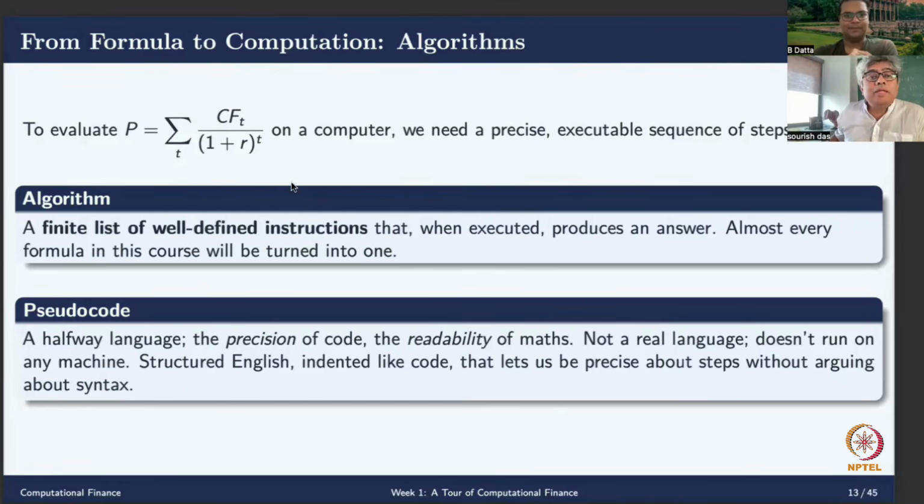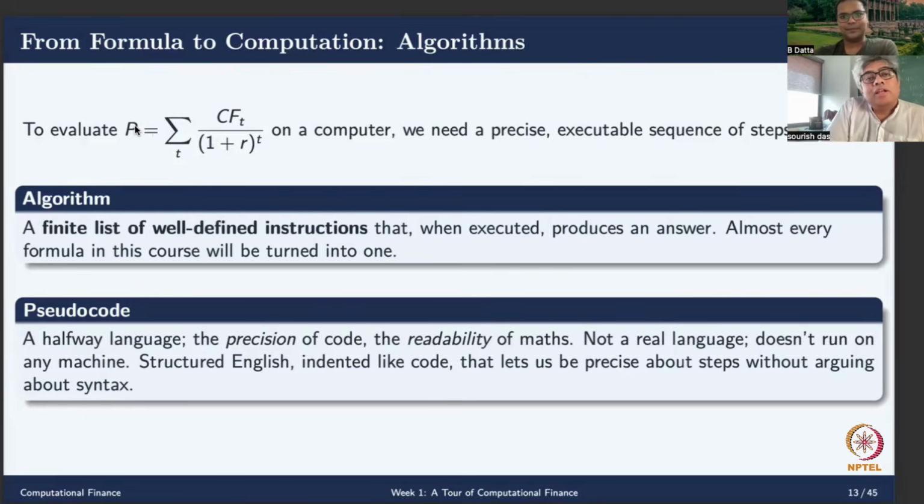For example, in the slide, we can see P is the present value, this is the cash flow at the t-th time, and this is the discount factor of the cash flow. And then there is a sum. Now, if there are long cash flows coming up, we need to do all these calculations and calculate the present value correctly.